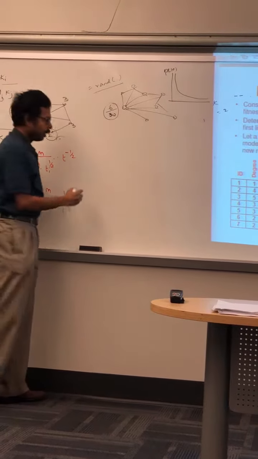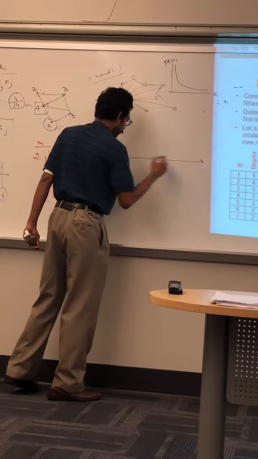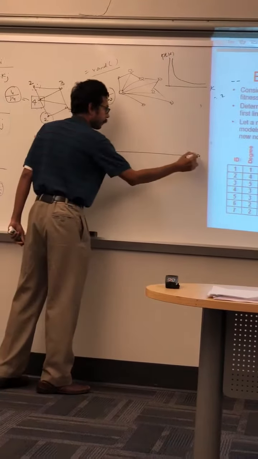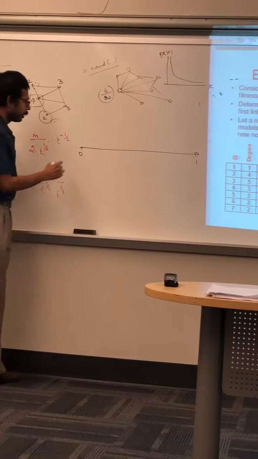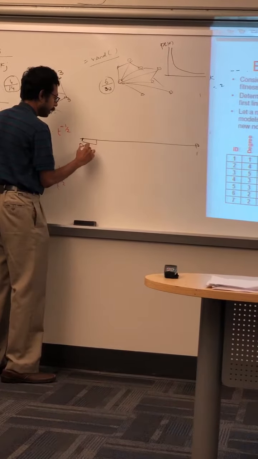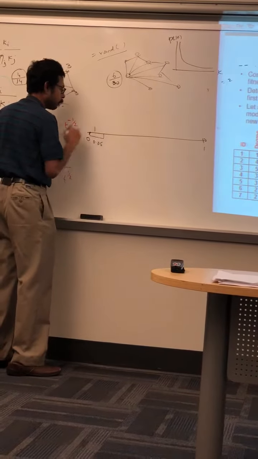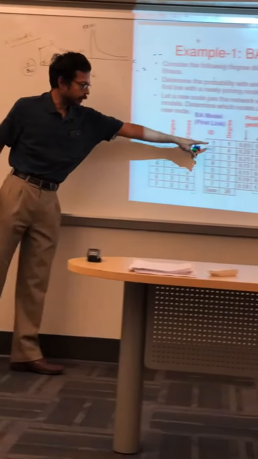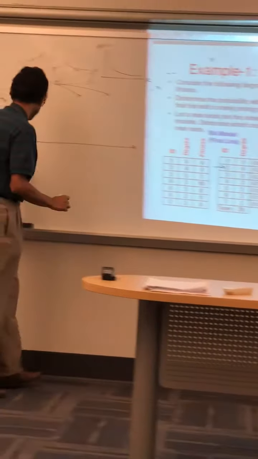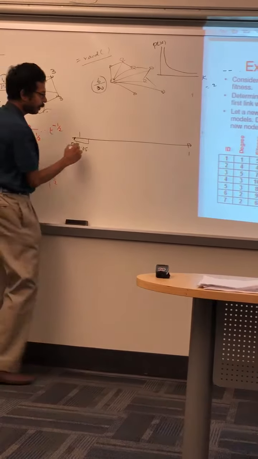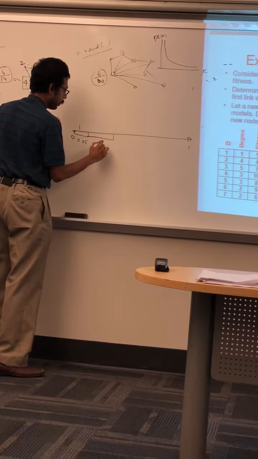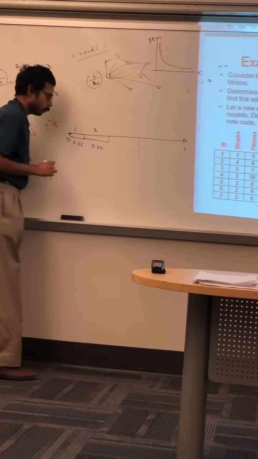Okay. So if you draw the scale from 0 to 1, this 0.05 for node 1 is the range from 0 to 0.05. Then this is 0.20, so that's for node 2.